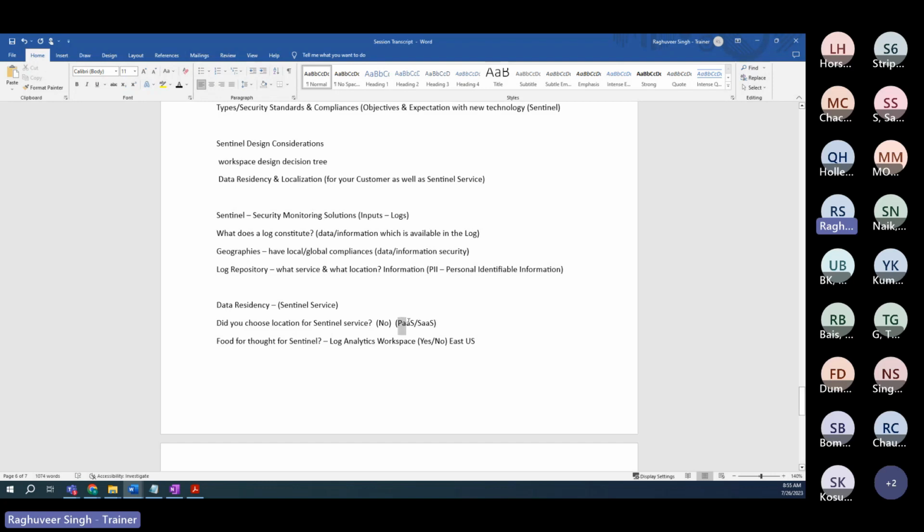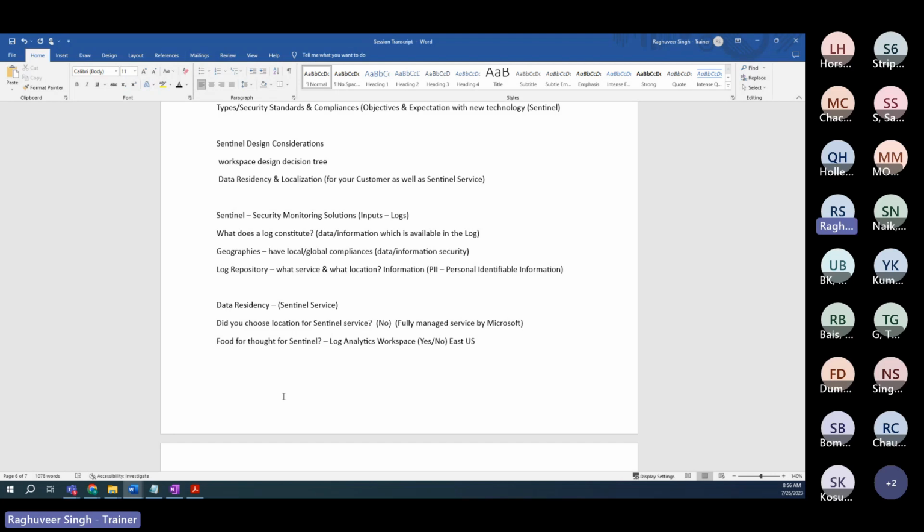It's a PaaS or SaaS service, or to avoid the confusion, I can say it's a fully managed service by Microsoft. And why is it fully managed? Because the underlying infrastructure for Sentinel is managed by Microsoft. What you see is nothing but a dashboard of Sentinel service in the Azure portal.